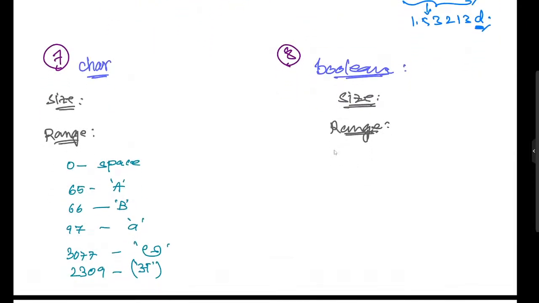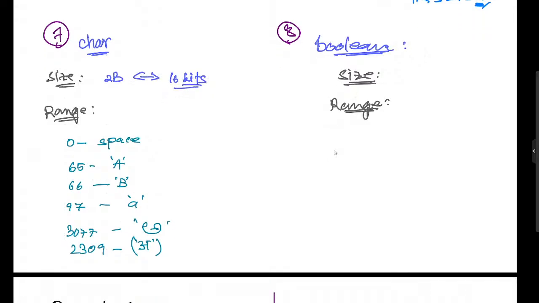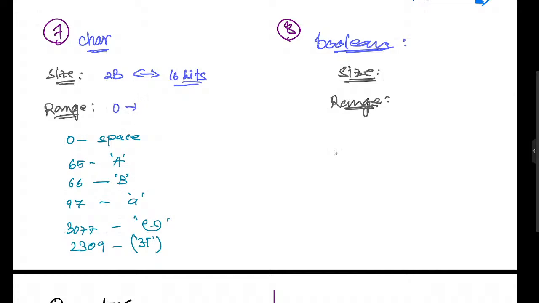The remaining data types are character, and the size for characters in Java is 2 bytes, which is 16 bits, and this is the only type which has the range of 0 to 65535. The reason is that it uses Unicode to store data.